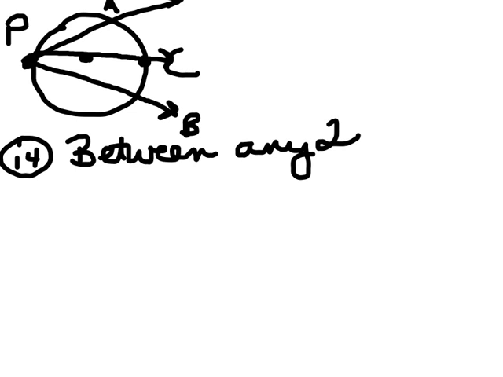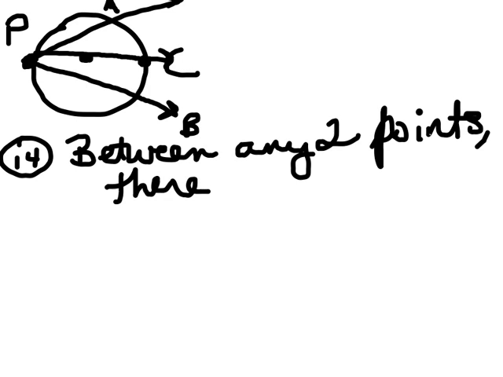I can draw it because between any 2 points, there's exactly one line that joins them, right? Okay. I'm just going to abbreviate it that way, but there's only one line through any 2 points. So I can draw that line, and it's the only line that would exist that would go through those 2 points.